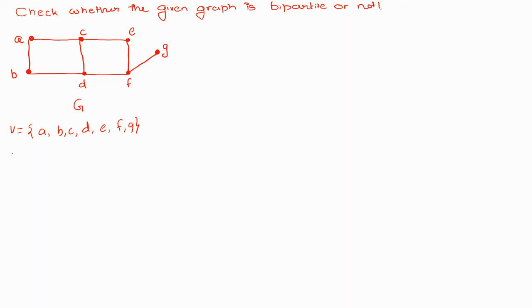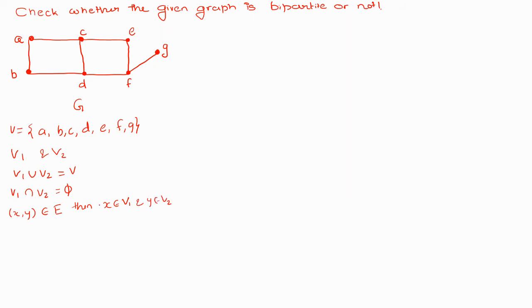Now, we want to classify this into V1 and V2, subsets of V, such that V1 union V2 is equal to V and V1 intersection V2 is equal to phi. And again, if x comma y belongs to this edge set, then x belongs to V1 and y belongs to V2, right?